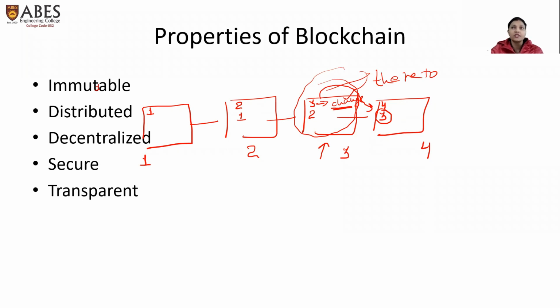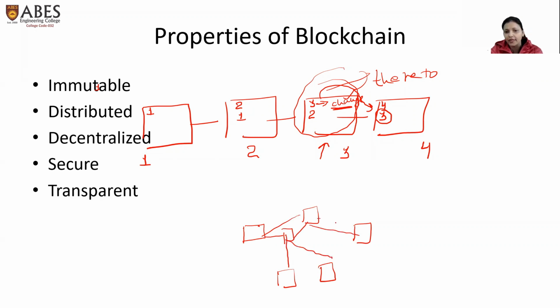Second, blockchain is distributed. Blockchain is distributed in the sense that the nodes, the participants in a blockchain network, are connected in a peer-to-peer manner. Peer to peer means all the nodes in a blockchain are connected to each other directly or indirectly.